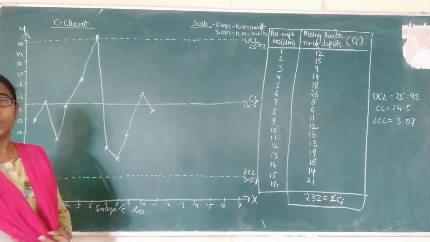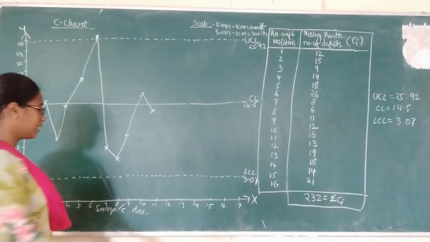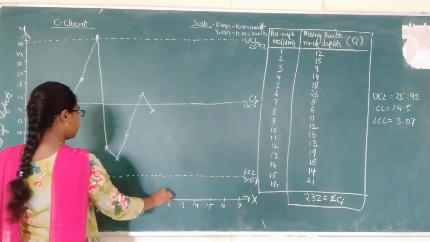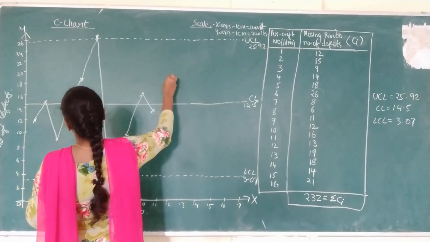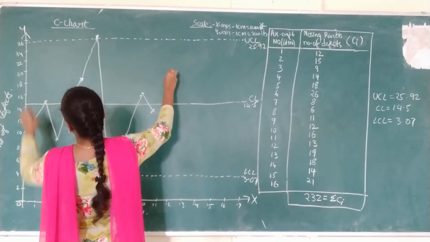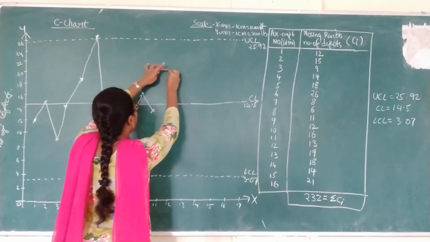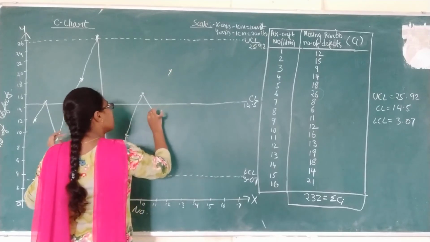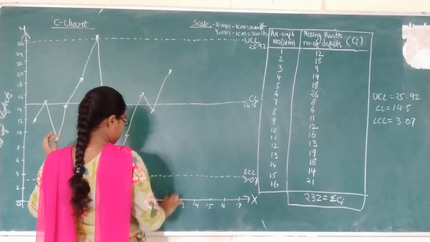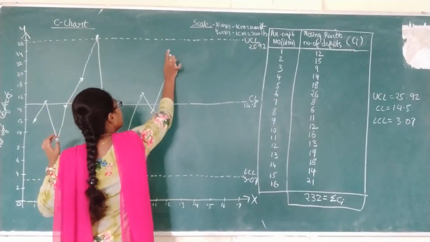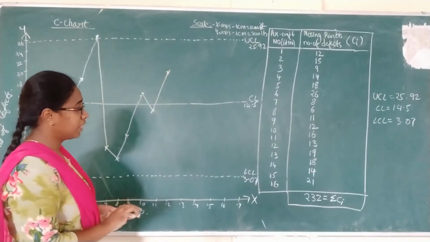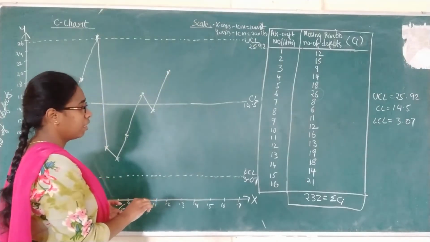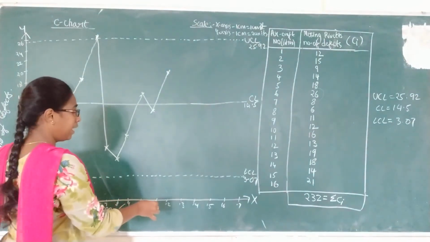Next, for the 12th sample, the value is 19. So 19 means in between 18 and 20.